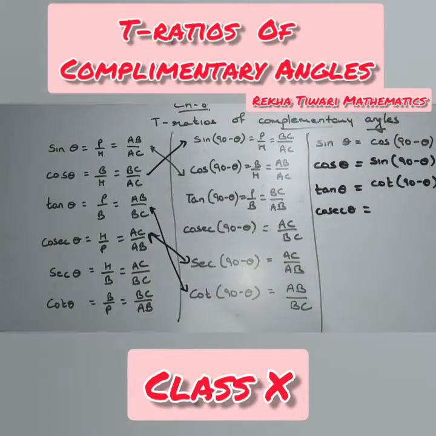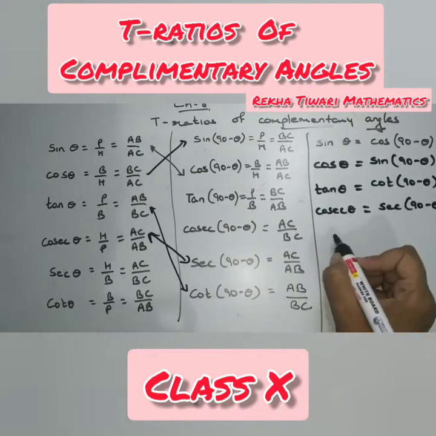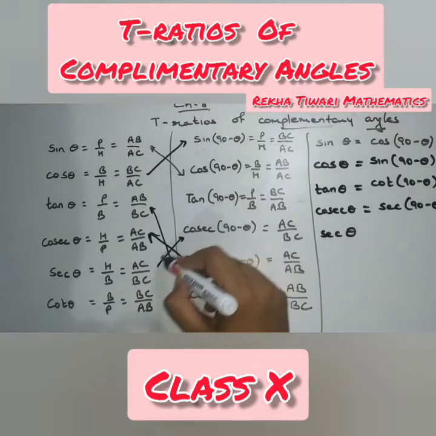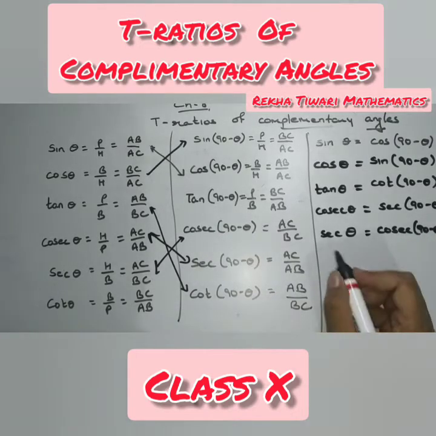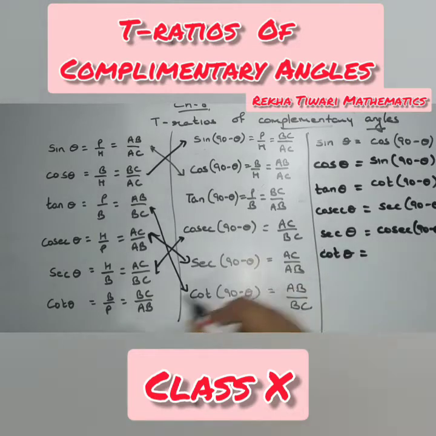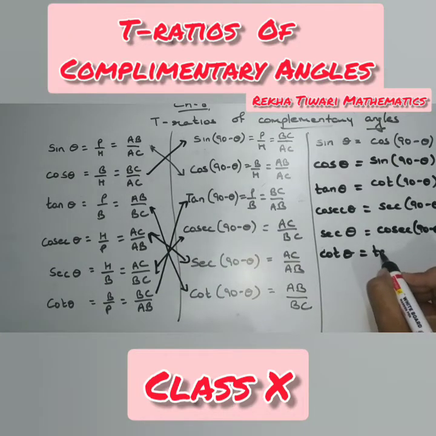Sec 90 minus theta is AC by AB. So cosec theta is sec 90 minus theta. Sec theta, AC by BC, you can compare this with cosec 90 minus theta. And lastly, cot theta, BC by AB, can be compared with tan 90 minus theta.